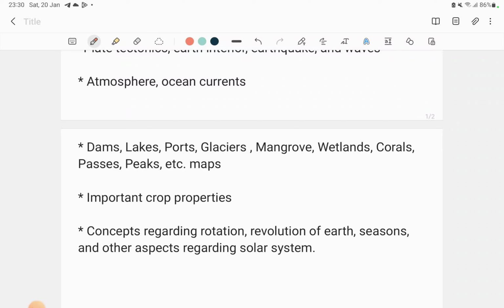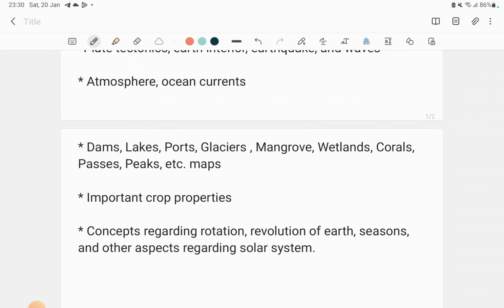You study different dams, natural lakes and artificial lakes, etc. There are different ports, right? Chennai port, Paradip port, Nhava Sheva port, Kochi port. What are their types, whether they are artificial or natural, or an inland port, etc. You study those ports, because there are questions based on these ports, whether on the characteristics of that particular port, or whether that port lies in this state or that state.